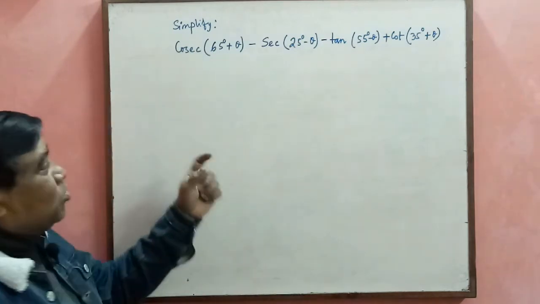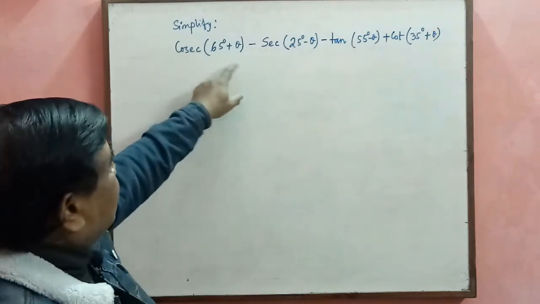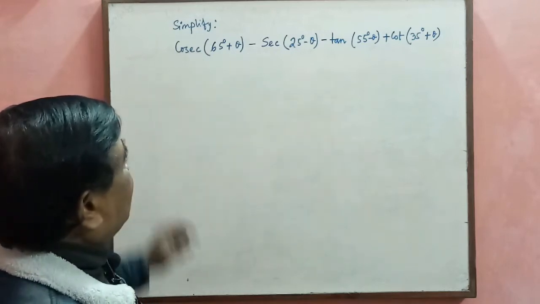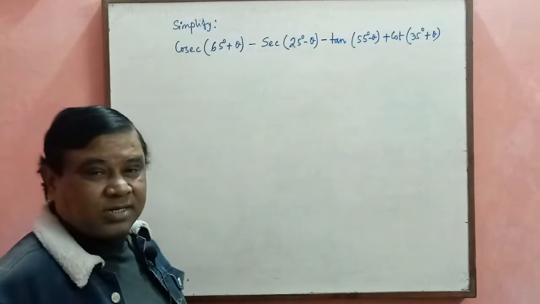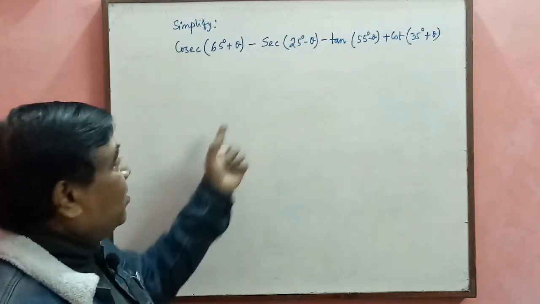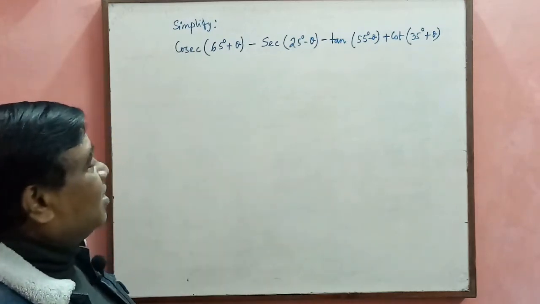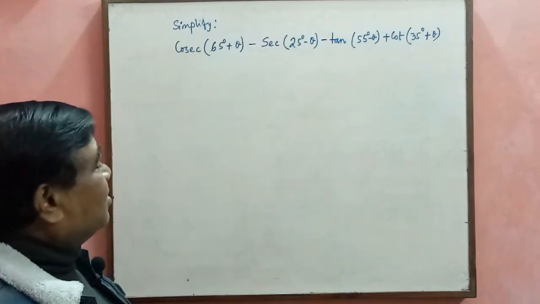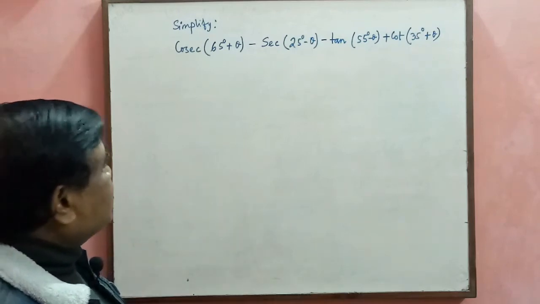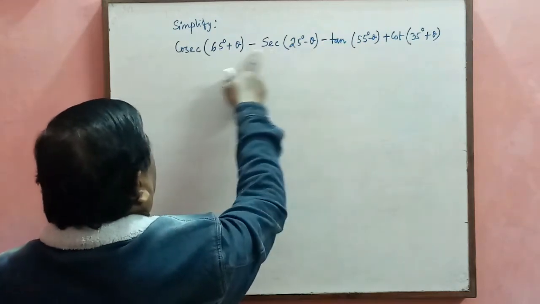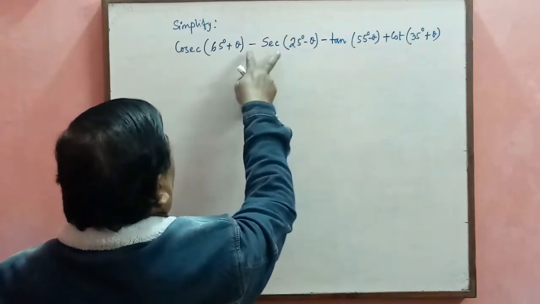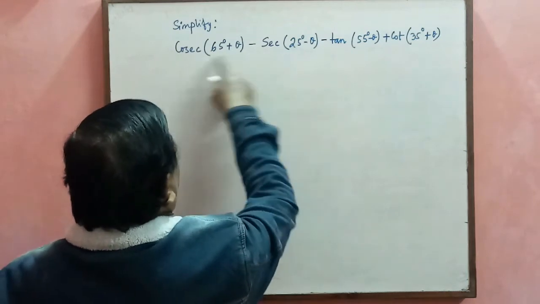Now, I told you earlier, here we do not have 0 degree, 30 degree, 45 degree, 60 degree and 90 degree. So we will go with identities, angular relations. So there are 3 identities. Obviously, sec is directly related to cosec. So either of these two will be changed.